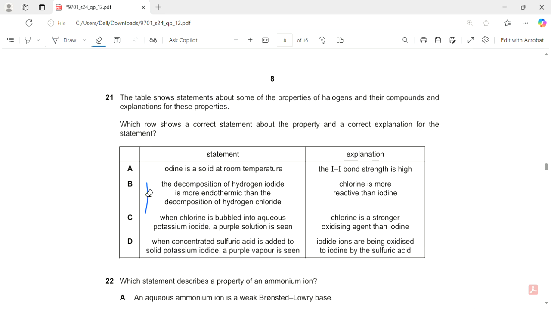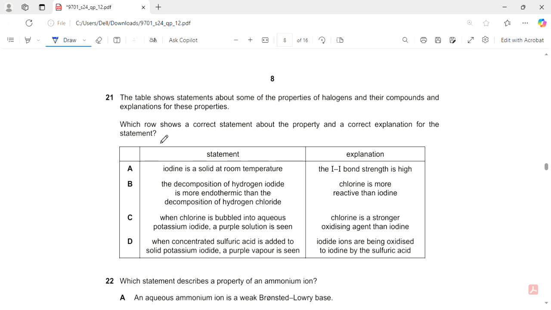Iodine is a solid at room temperature, and the I-I bond strength is high. No, the explanation is wrong, because I2 exists as a simple molecule and it can be broken easily, so low energy is needed. So option A is not correct.